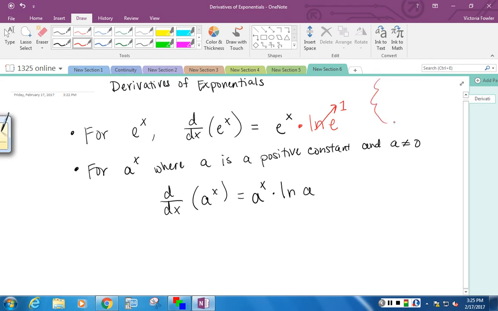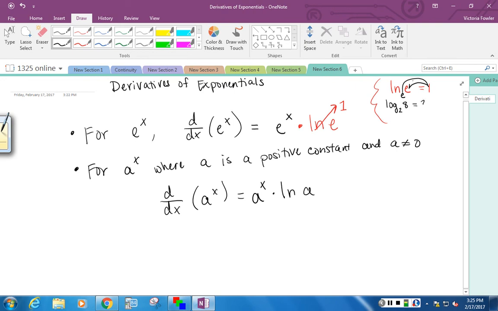Just a little side note here. The natural log of e is equal to 1 because the base of natural log is e. So e to the first gives you back what's called the argument e. So think back to log base 2 of 8.